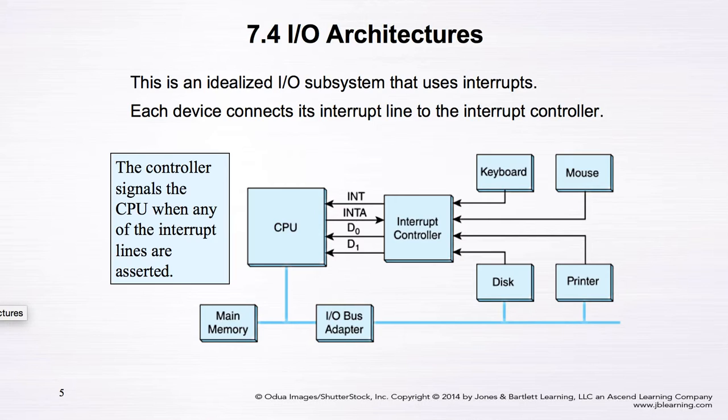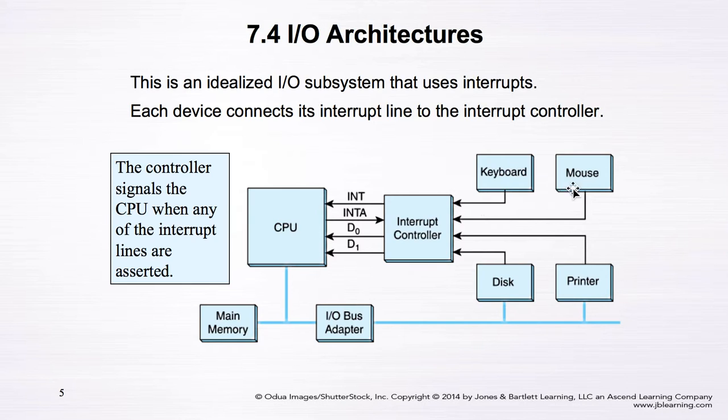So this is an idealized I/O subsystem that uses interrupts. Basically each device connects to its interrupt line and to the interrupt controller. The controller signals the CPU when any of the interrupt lines are asserted. We have the CPU right here. We have the interrupt controller right here. So basically all the I/O devices or subsystems are going to connect to this controller.